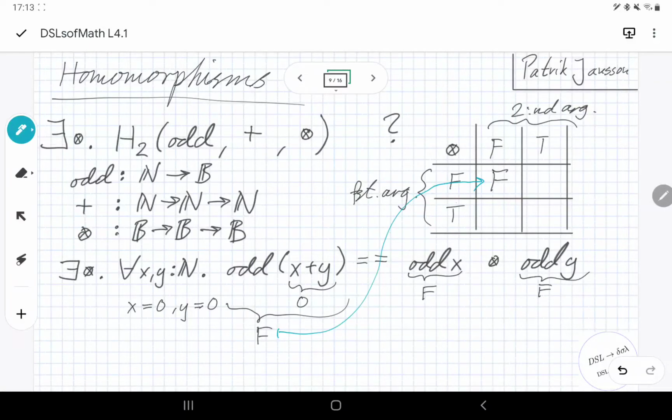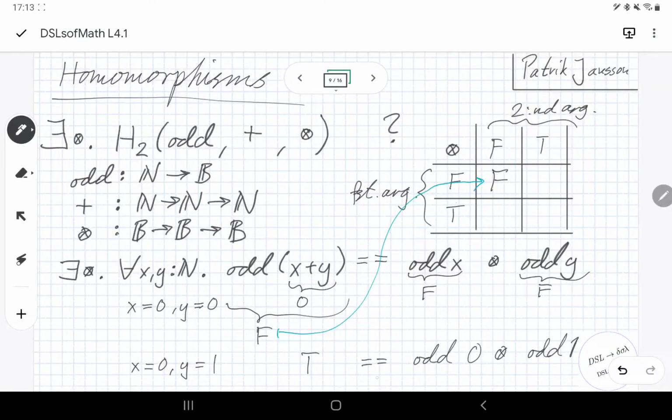So with 0 and 0, we can fill in the upper left corner. Similarly, if we move to x equals 0 and y equals 1, then in a similar fashion, the left-hand side will be computed to odd of 1, which is then true, and that should be equal to odd of 0 plus odd of 1.